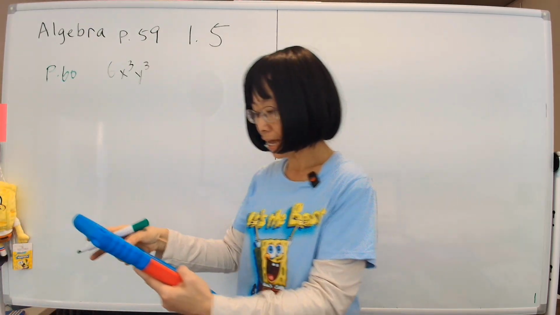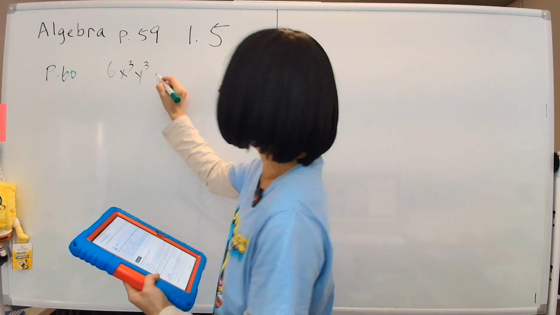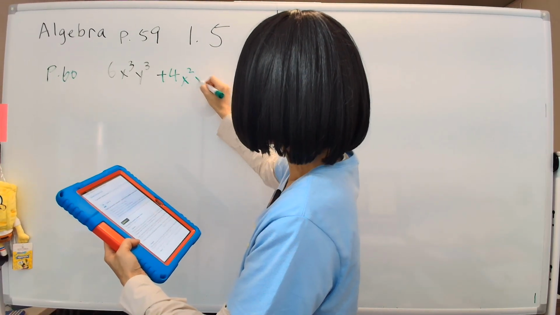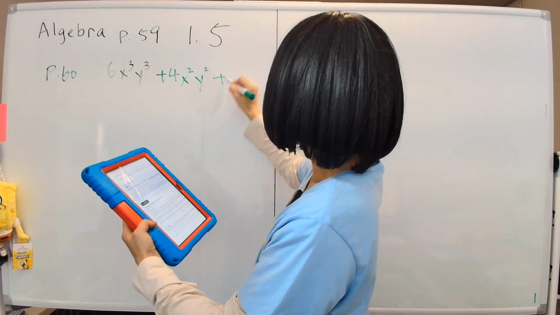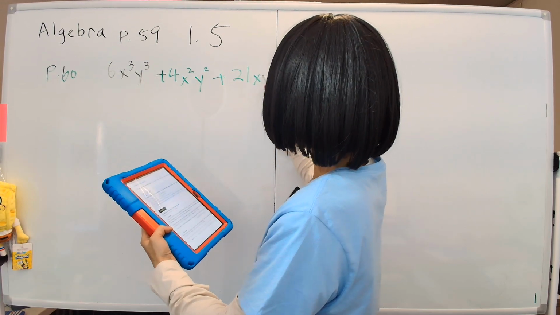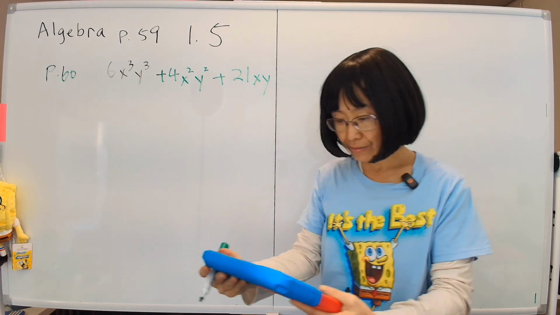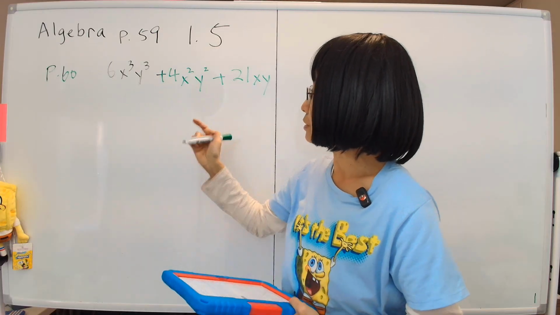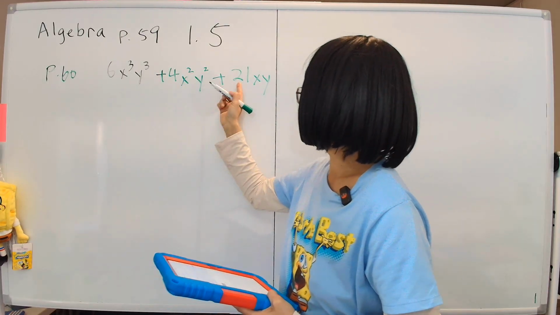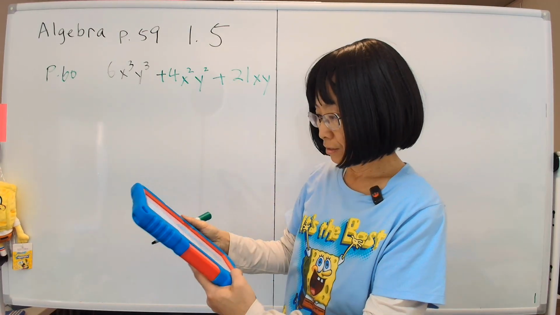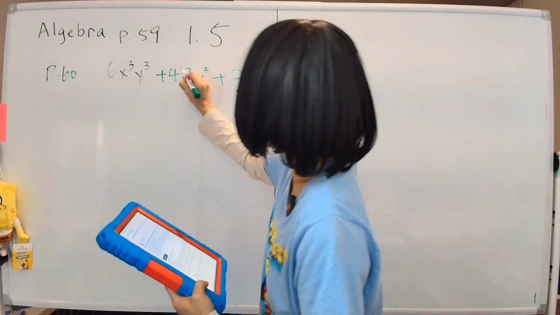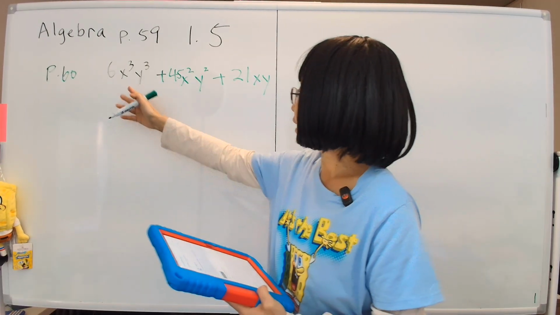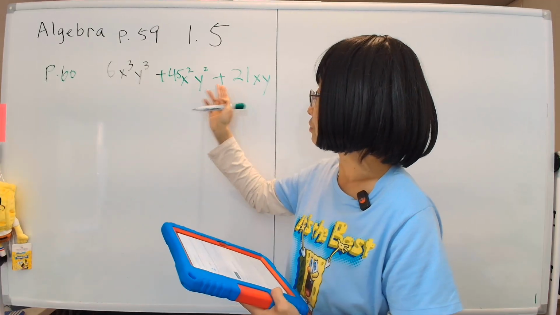So we have 6x cubed y cubed plus 45x squared y squared, and then plus 21xy. Now, to factor this as best we can, what we're going to do is first look at the numbers and see what common factor the numbers have. And what kind of common factors do the numbers have?